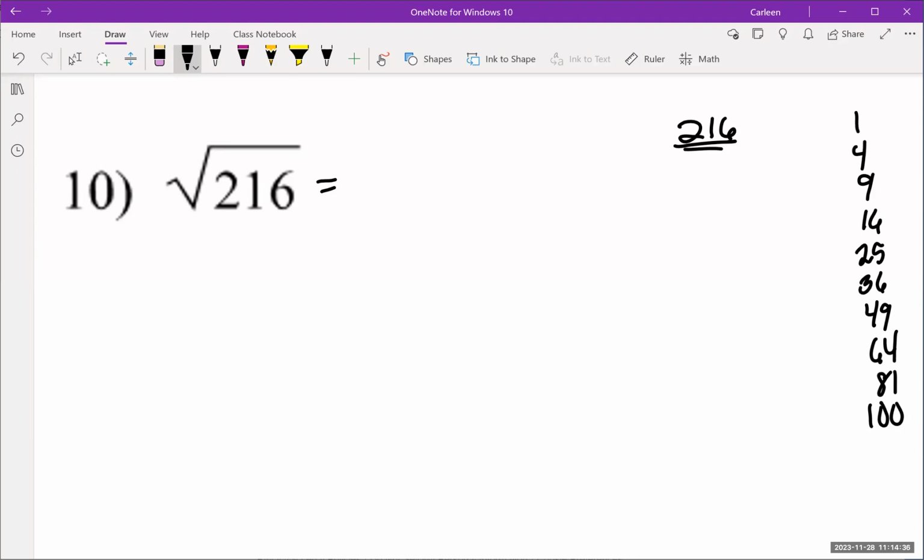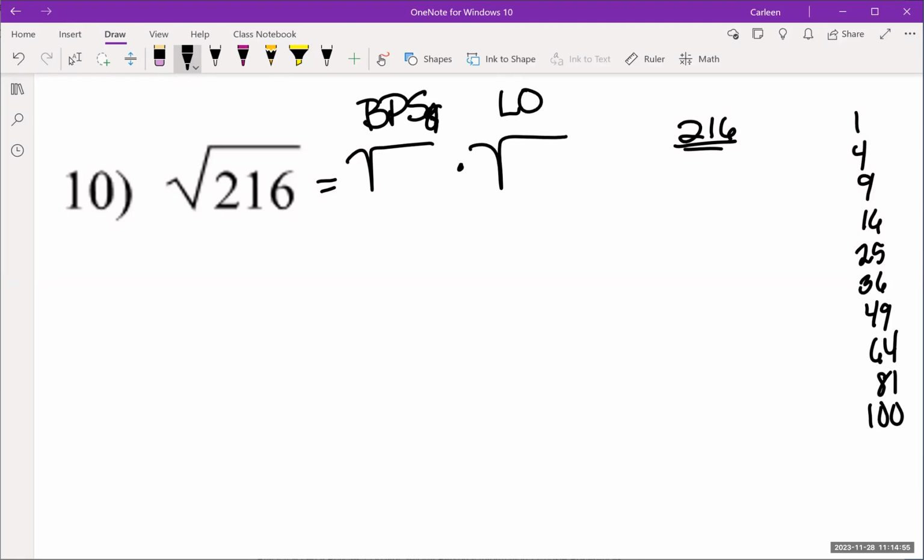The chart of factors only goes to 100. Ooh, we could do it that way. There's 2 ways to do this. I need the biggest perfect square and the leftovers.